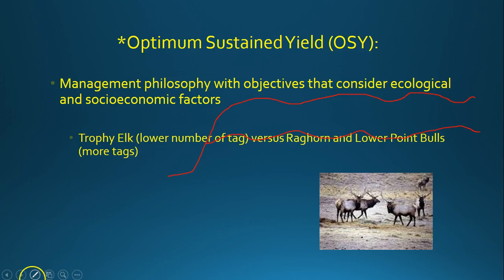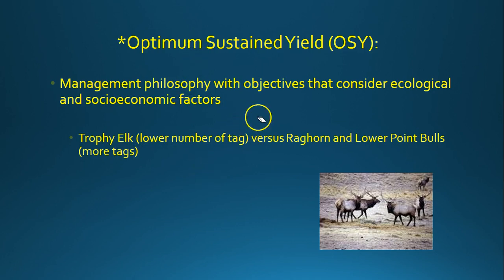So an idea here, and let me see if I can erase my drawing. All right, nice, I can. For example, we could have fewer tags that might produce bigger, better quality bulls, or we could sell more tags for bulls, and there would be fewer in the population because we're taking more out, and so we might have to be satisfied with taking out smaller bulls because we haven't laid off the hunting pressure and allowed there to become some big trophy elk.